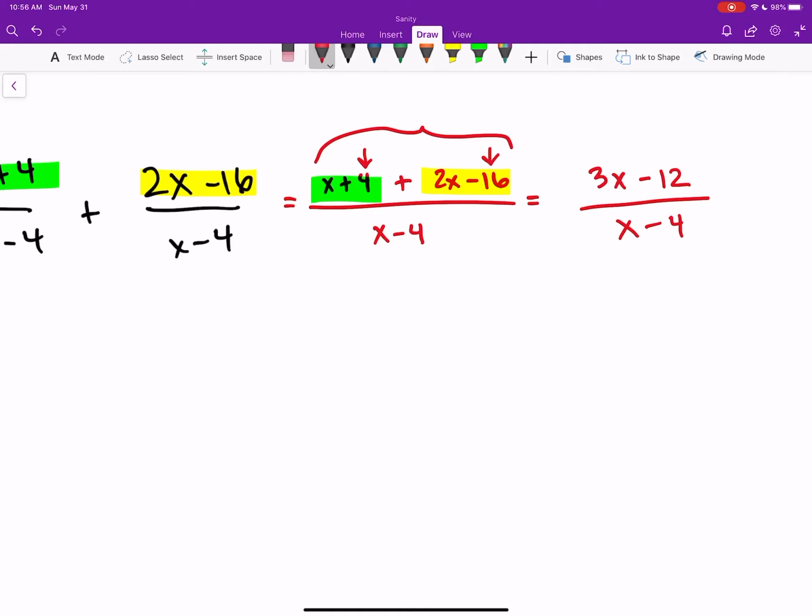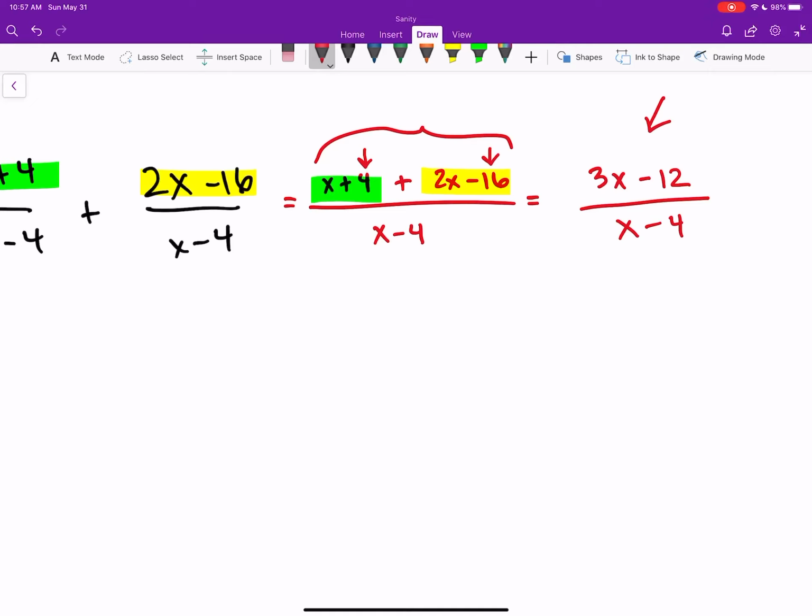And then I say, can you cancel anything at all? Simplify it down as much as you can. I see right now that on the top, I can factor out a 3 from both the 3x and the negative 12, because 3 goes into 3x and 3 goes into negative 12.